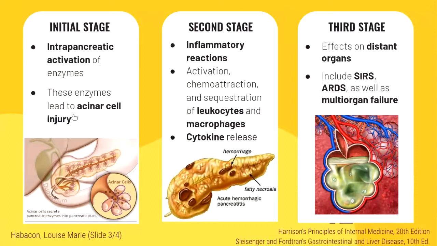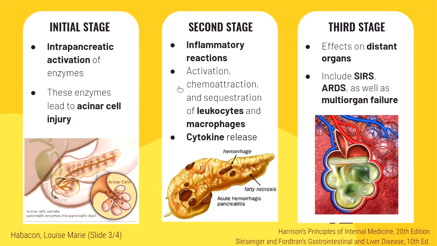As I have mentioned a while ago, your acinar cells release enzymes into the pancreas, and again there will be activation, causing now a destructive inflammation, which is our second stage. In the second stage of pancreatitis, there will be activation, chemoattraction, and sequestration of leukocytes and macrophages.